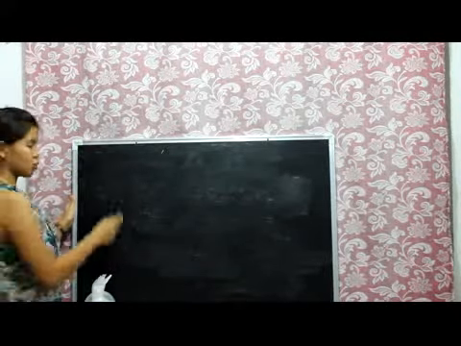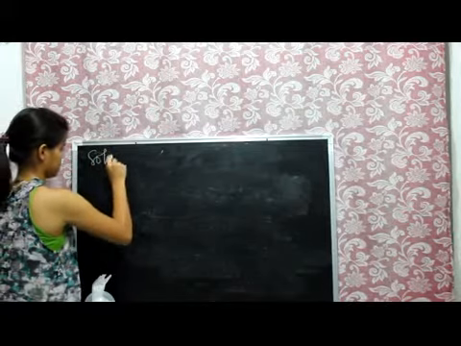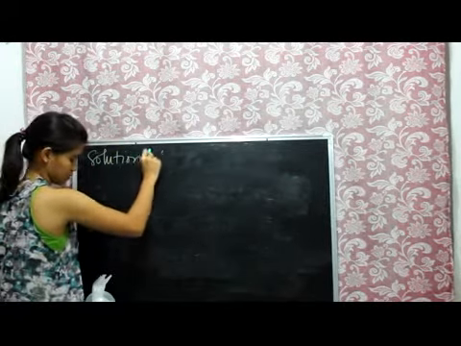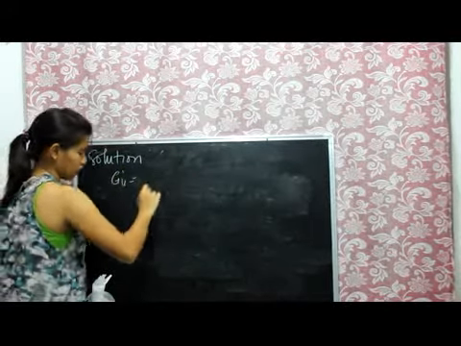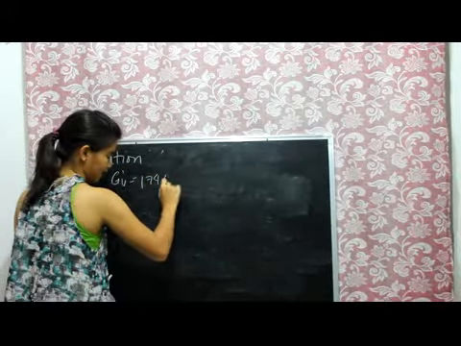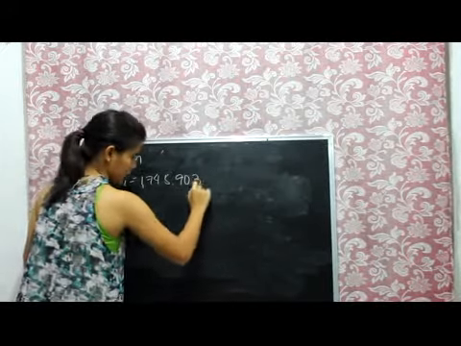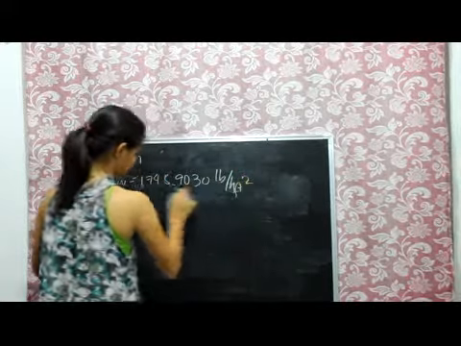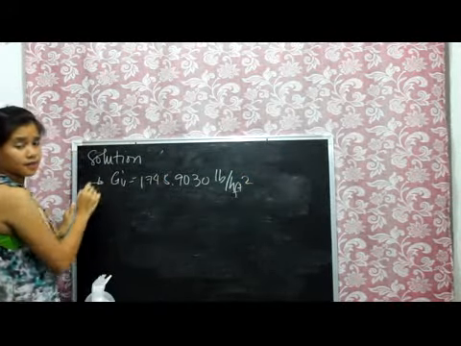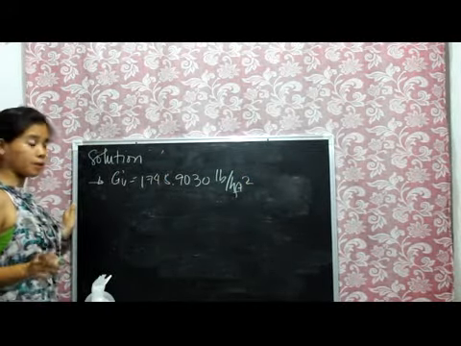As for the solution, our G prime V is equal to 1745.9030 pounds per hour feet squared. This is from the previous sample problem, sample problem number 1.